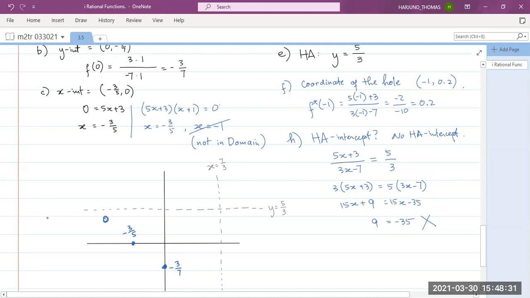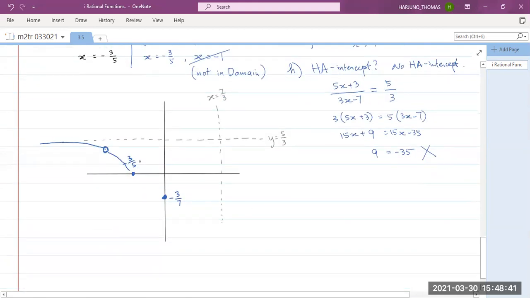So the graph, if I start from the horizontal asymptote, will be slightly below that and go this way. It must look like that.